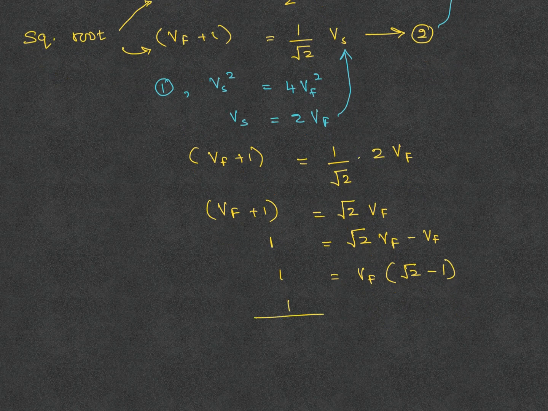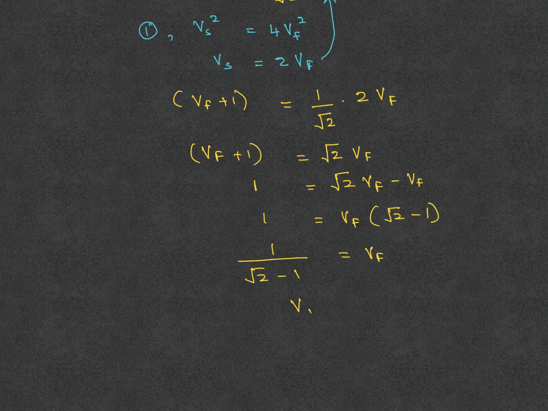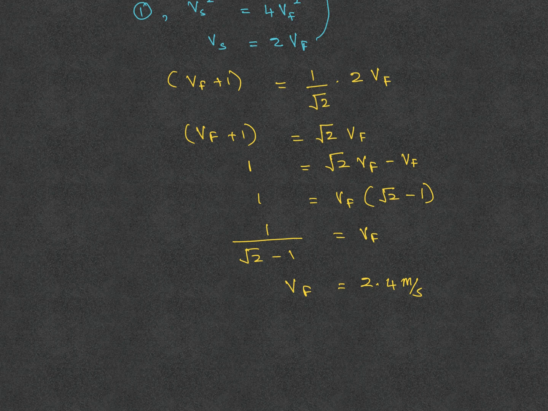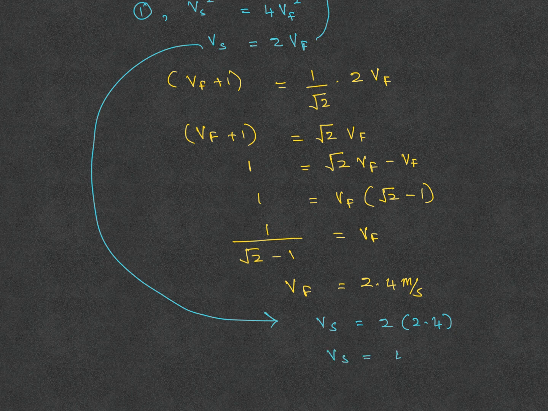So you divide both sides by square root 2 minus 1. That gives us vf, and vf equals 2.4 meter per second. And if vf equals 2.4 meter per second, the vs from this equation, vs becomes 2 times 2.4, and that gives us 4.8 meter per second.